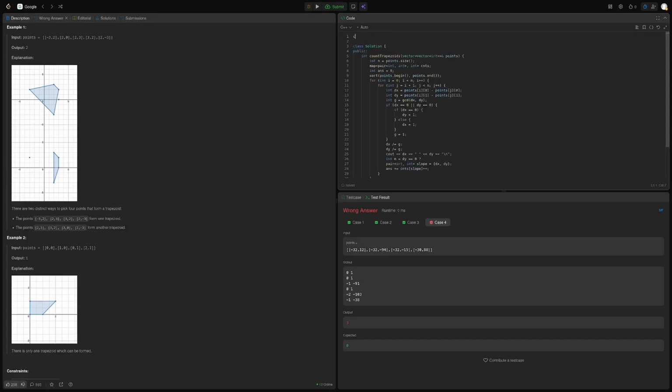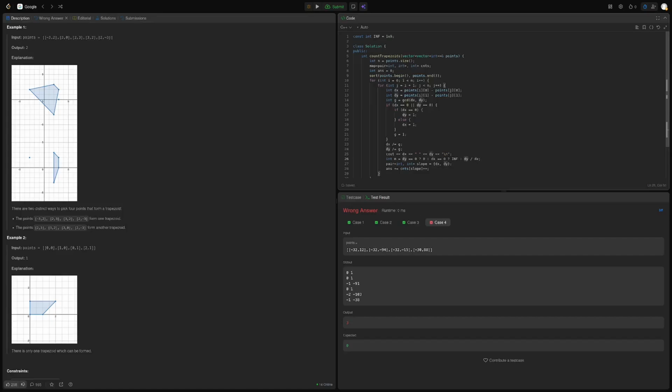So like some infinity slope, whatever. Then the slope is 0, otherwise if dx is 0, meaning that it is a vertical line, then slope is inf, otherwise it's dy divided by dx.